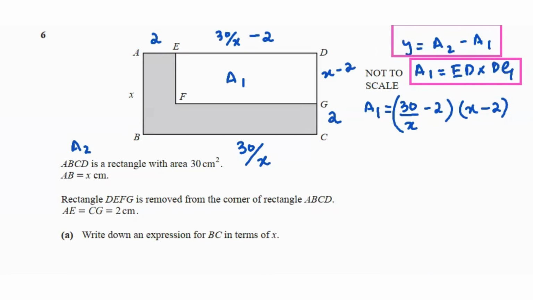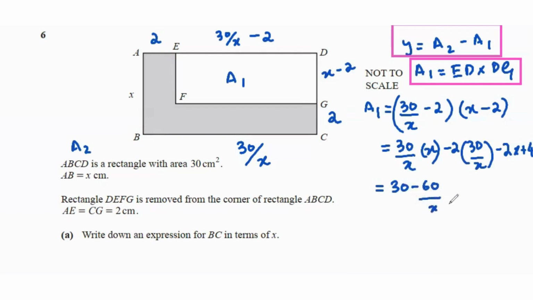So going back to this, expand the bracket: 30 over x times x minus 2 times 30 over x minus 2x plus 4. So that's going to be 30 minus 60 over x minus 2x plus 4, which is 34 minus 60 over x minus 2x.